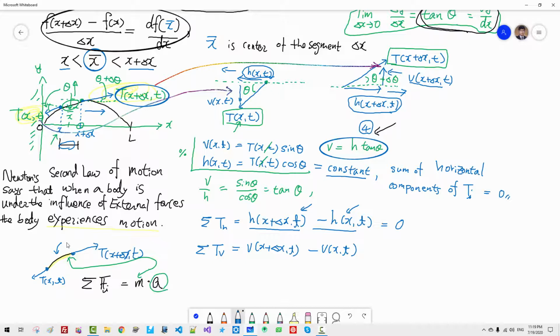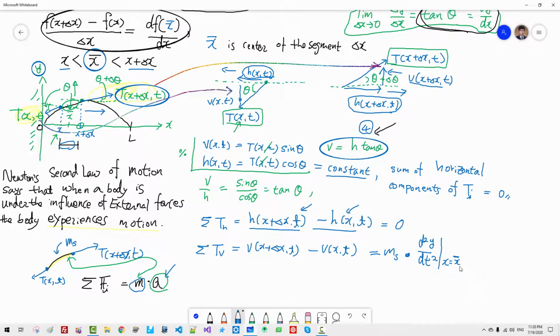This segment's mass is m_s, equals m_s times acceleration. This segment moves up or down, or vibrates up and down. So this is the y-axis, so the acceleration should be d square y over dt square at point x equals x bar, okay?